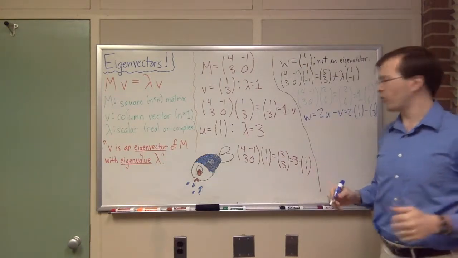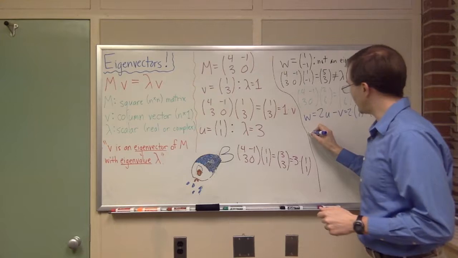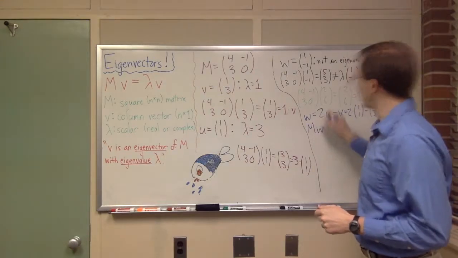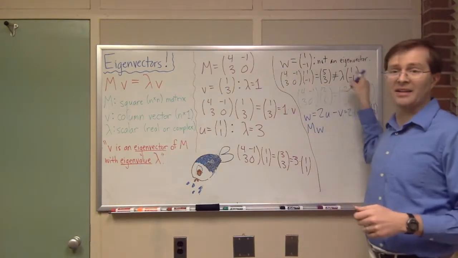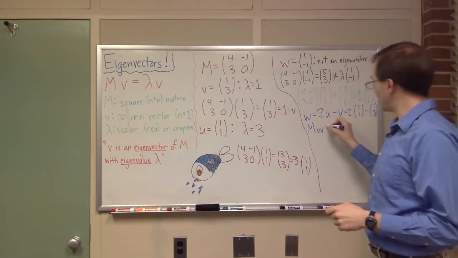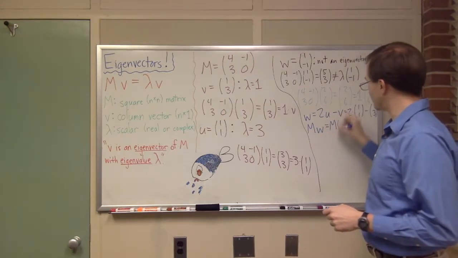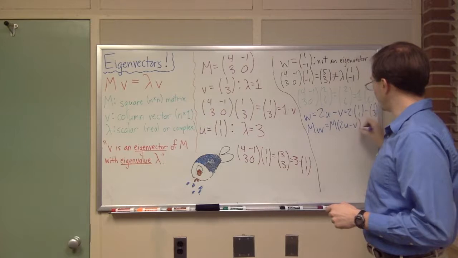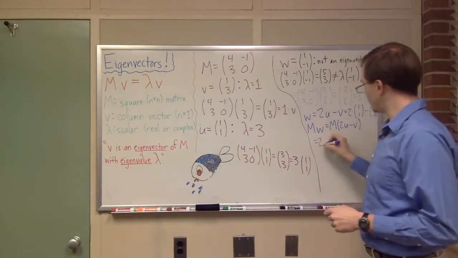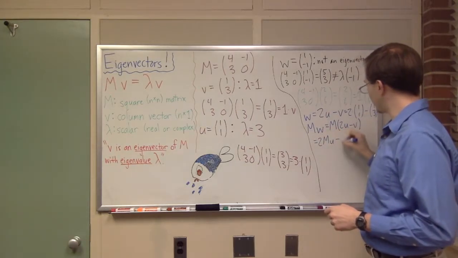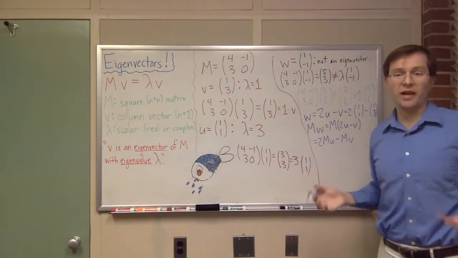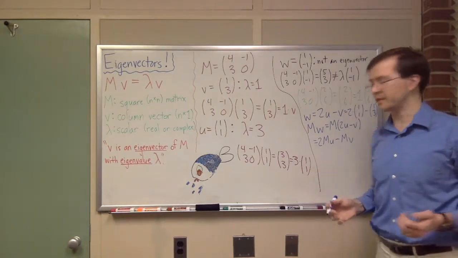And this is kind of a cool thing. It turns out that m times w, we already saw m times w was not an eigenvector, but that's equal to m times 2u minus v, and that's equal to 2mu minus mv, right? I'm just doing algebra here. Algebra works with matrices.